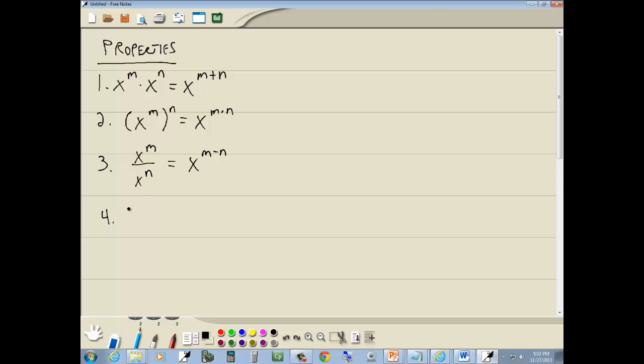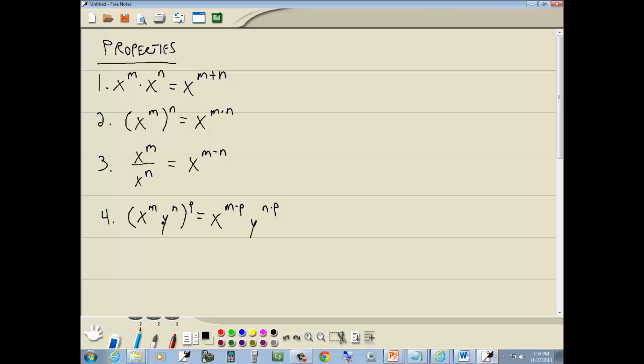And I don't really like this next one, but you see it in some different books, and it's in different forms even. But if you have x to a power, and then you have like y to a power, and you raise it to another power, then this becomes x to the m times p and y to the n times p.